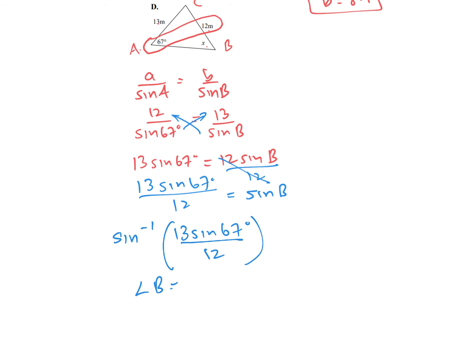I do get a decimal. I would suggest you just leave all these numbers in the calculator, but if you want to change to a decimal and then find the inverse, make sure you use 2 or 4 decimal places so that you get a more accurate answer. And my measurement works out to be approximately 86 degrees.